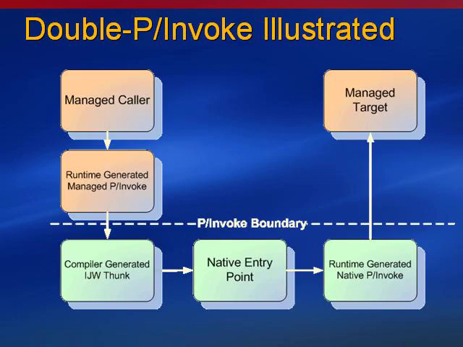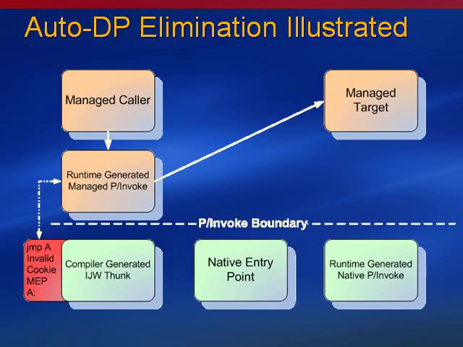So let's see how this adds to the illustration. We've got our original problem, and then when we add the automatic double thunk elimination, what happens is this runtime generated managed P invoke, the one that happens before we cross the P invoke boundary, accesses this compiler thunk, finds this cookie, accesses the managed entry point, and does a direct jump.